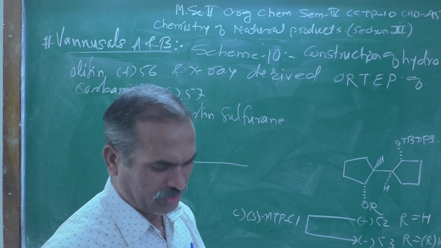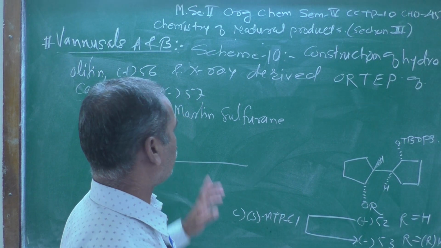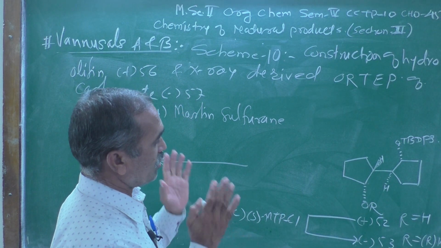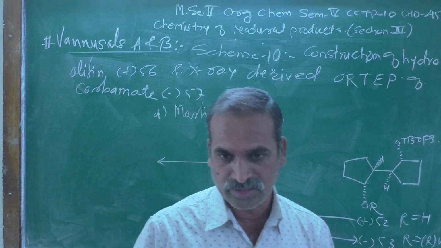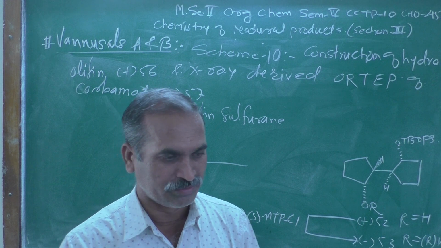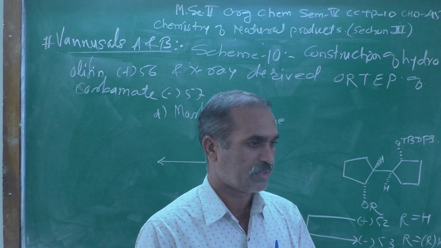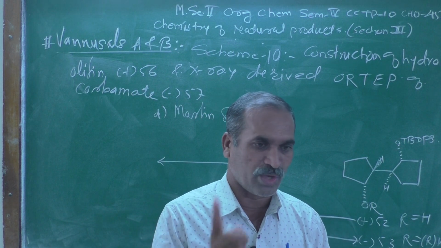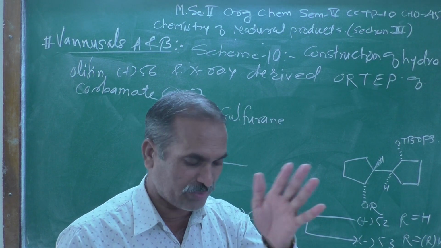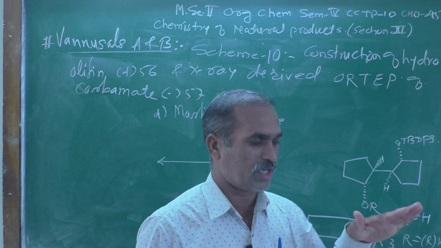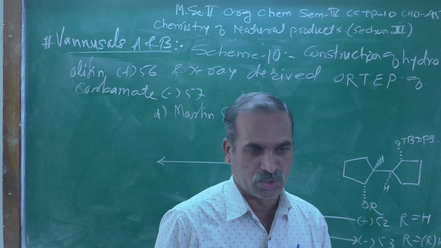Here just remember, Martin sulfurane can convert a tertiary alcohol or a secondary alcohol into the olefin, whereas a primary alcohol is converted into an ether, depending upon the starting nature of the alcohol.